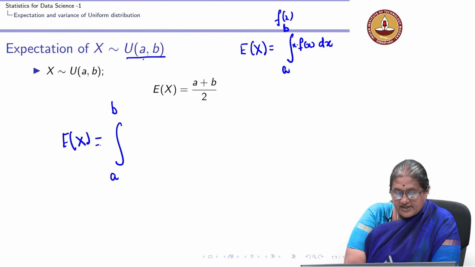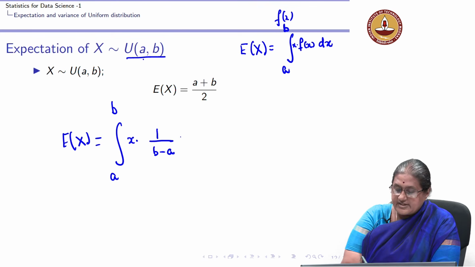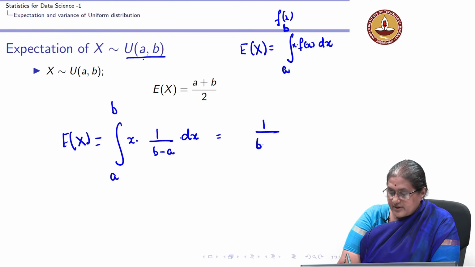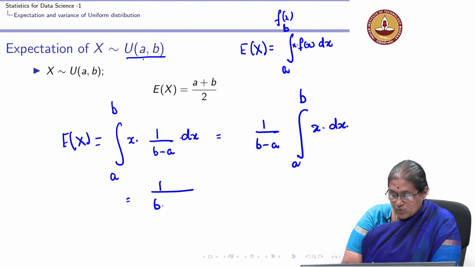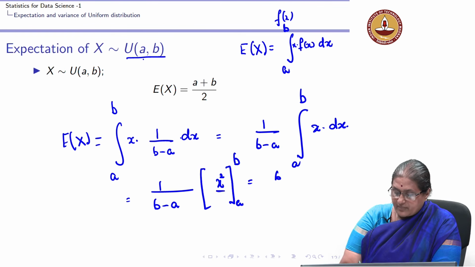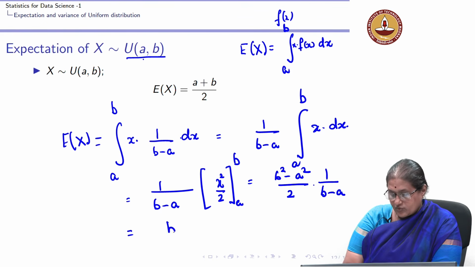So, expectation of x is the integral from a to b of x into 1 by (b minus a) dx. 1 by (b minus a) is a constant, so this is 1 by (b minus a) times the integral of x dx from a to b, which is x square by 2 from a to b, giving (b square minus a square) by 2 into 1 by (b minus a), which is (b plus a) by 2.